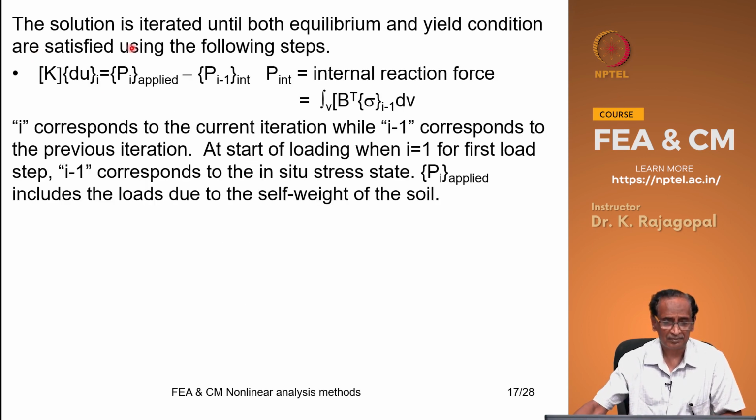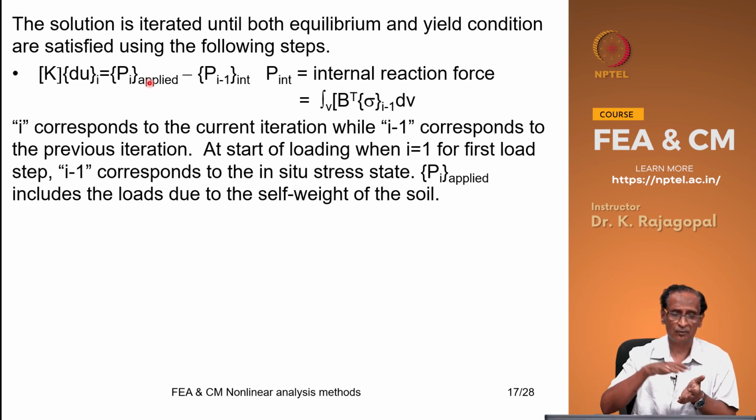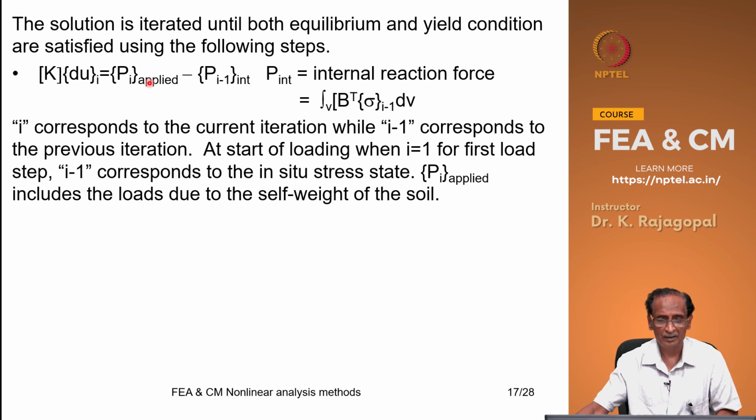So, the analysis proceeds like this. K multiplied by du_i is P applied minus P_(i-1) internal, where P applied is the applied force, like for example our stress that we applied, and the internal reaction is because of the stresses that are allowable within the material.